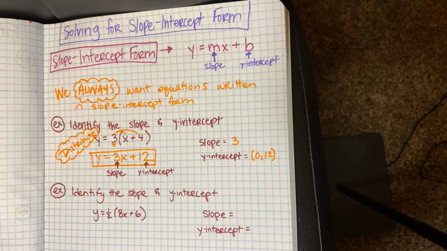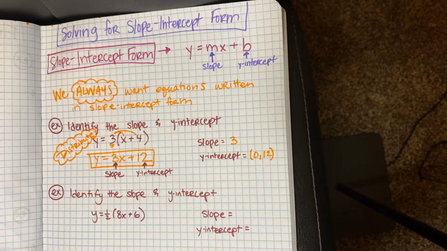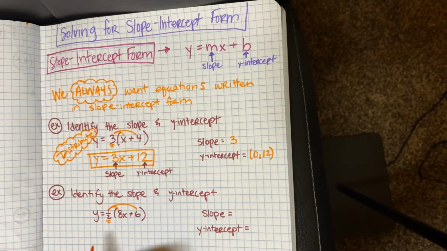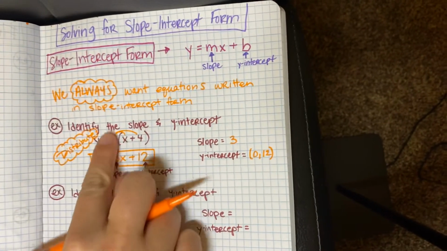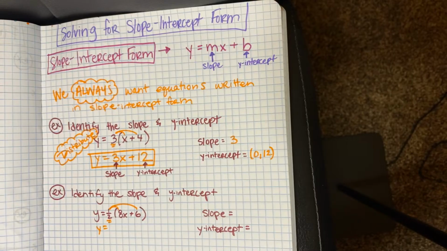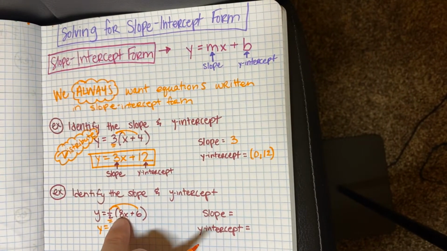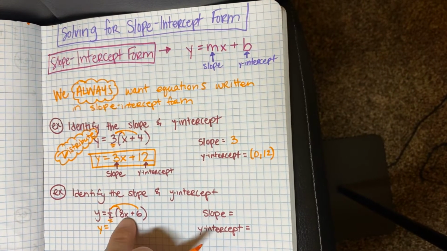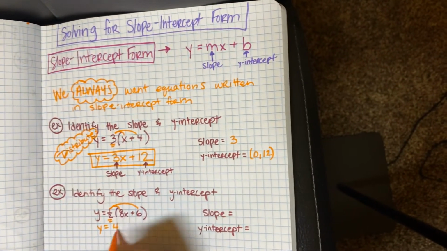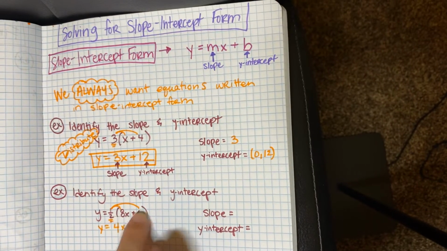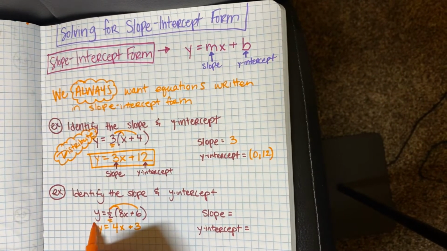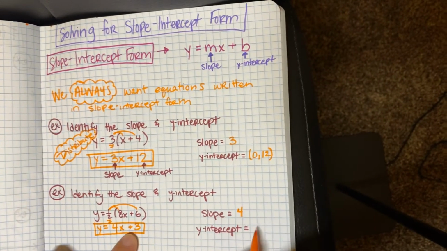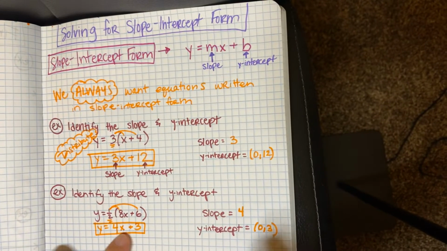So in this problem, what would be your first step? Your first step is going to be distributing that 1/2. You still distribute it just like we did this 3, but now we're just multiplying by 1/2. So you say 1/2 times 8. Well, that's just half of 8. What's half of 8? Half of 8 is 4, so it's 4x, and then we take half of 6, and that's 3. So we have y equals 4x plus 3. That shows us that the slope is 4, and the y-intercept is (0, 3).